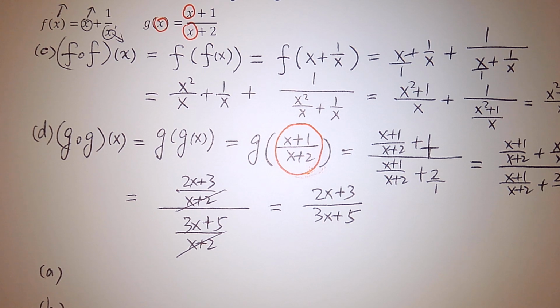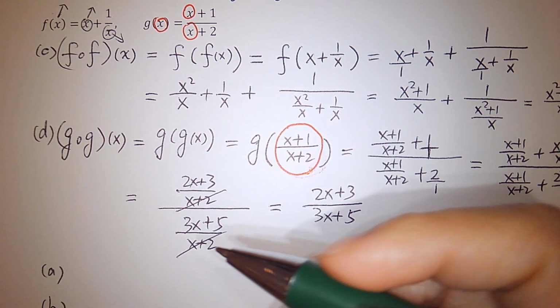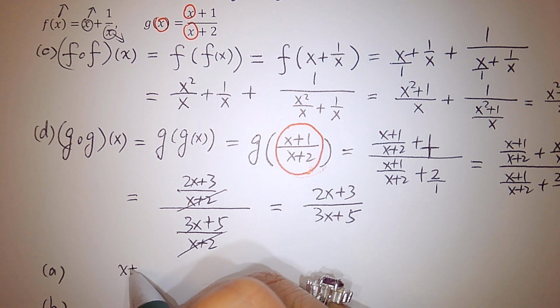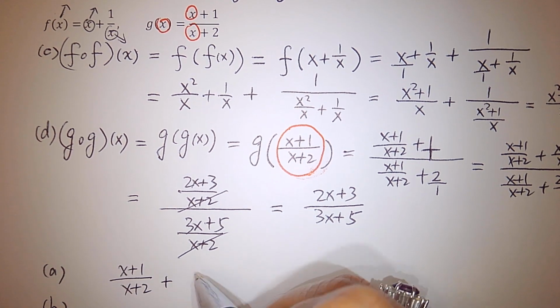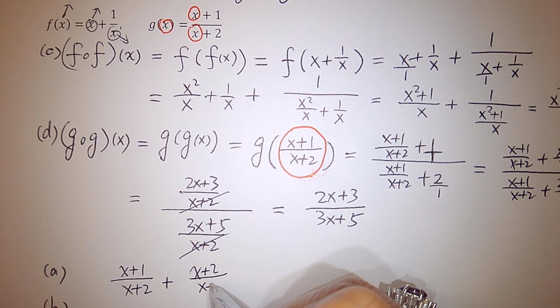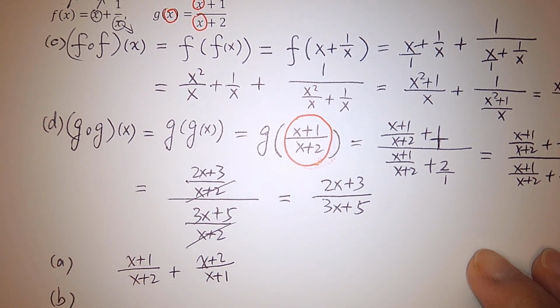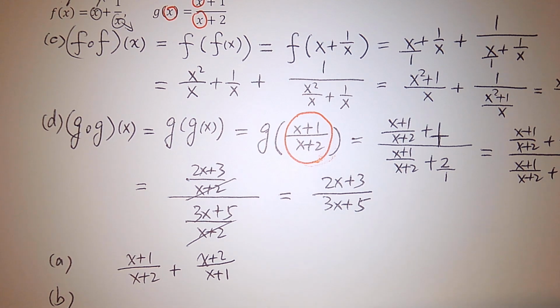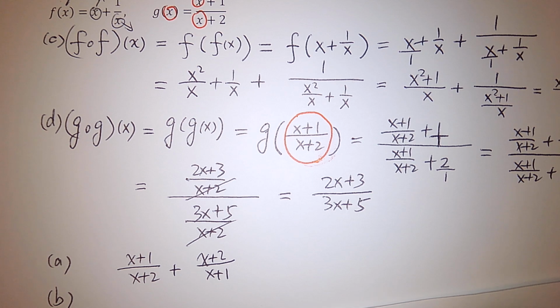f of g of x. Oh, okay. So this is not very hard. Eventually you will get x plus 1 over x plus 2 plus x plus 2 over x plus 1. Try this after class. This is the answer for A. The answer for B may be complicated. g of f of x.